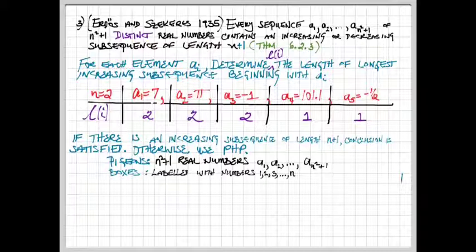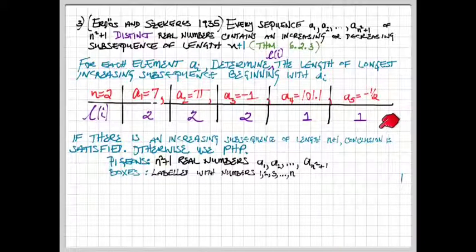If we got lucky and one of these subsequences gets a label of n+1, then you have an increasing subsequence of the right length. We did not get lucky here. Our example is n equals 2, so we're looking for a label of 3, which we don't get.